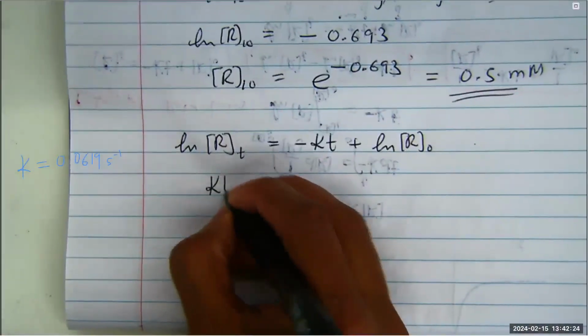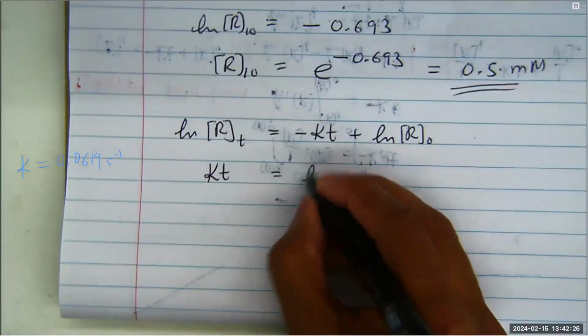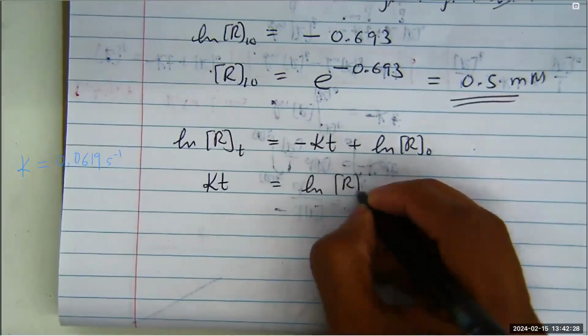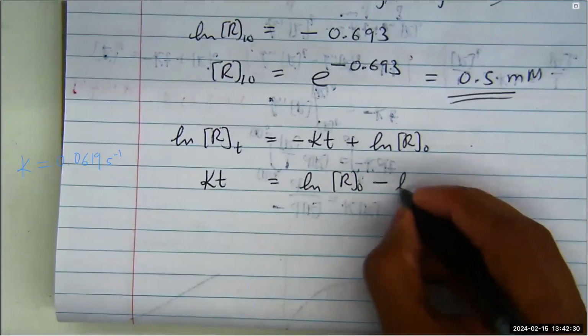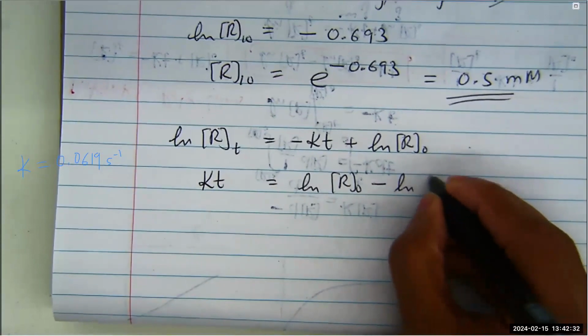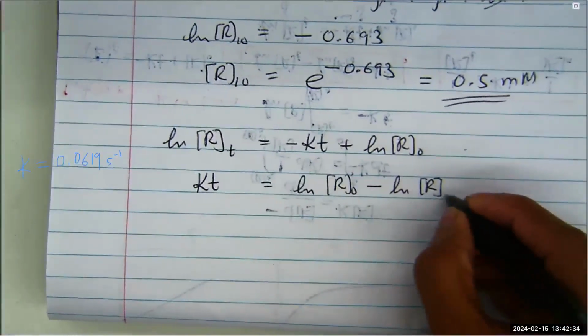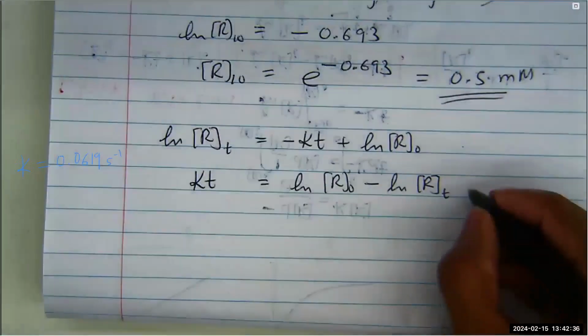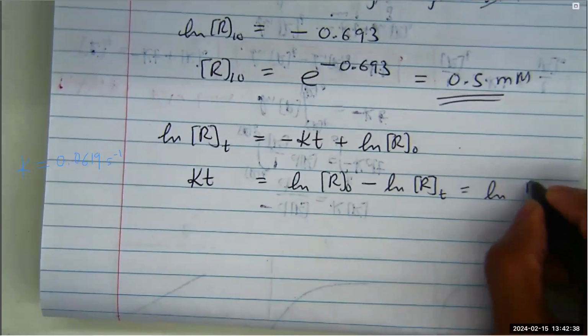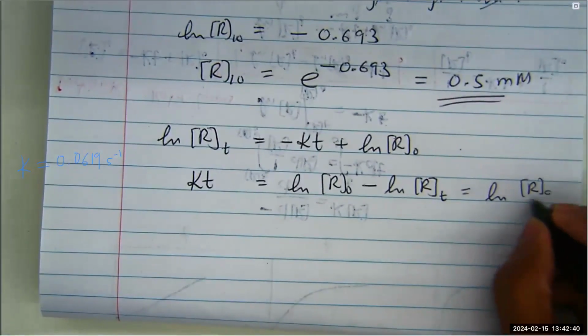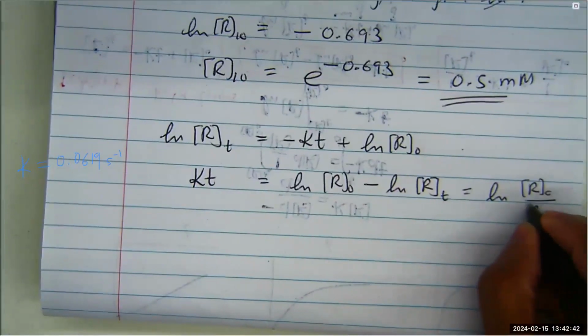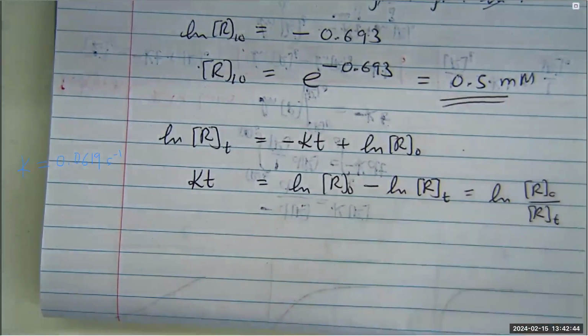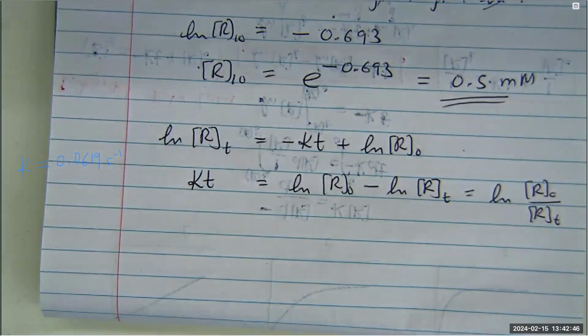Therefore, kt is equal to ln initial concentration minus ln concentration at time t, right? Or this is equal to natural log of initial concentration divided by the concentration at time t. It's the same thing. You can do either way.